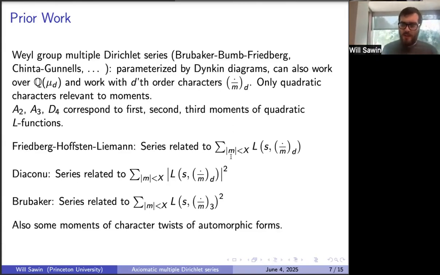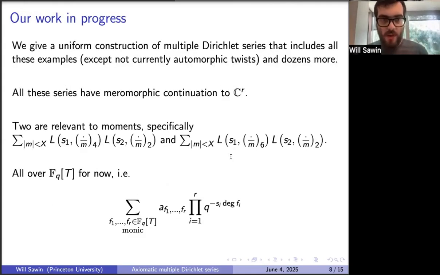And the other three examples are more isolated. There's not a general theory that unifies them. You have to be very clever to find these examples and come up with them. And so that is what our work is trying to help with.